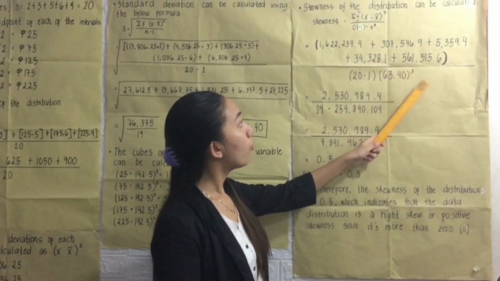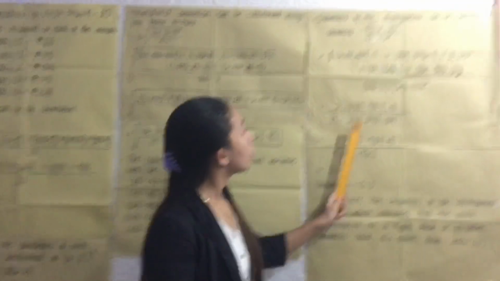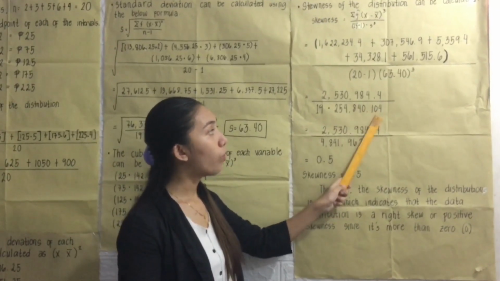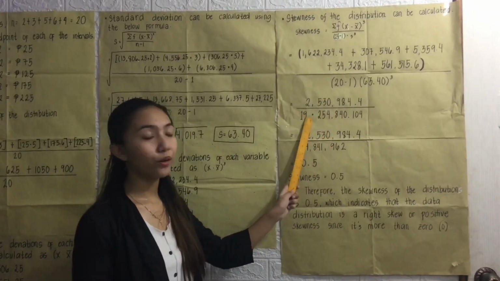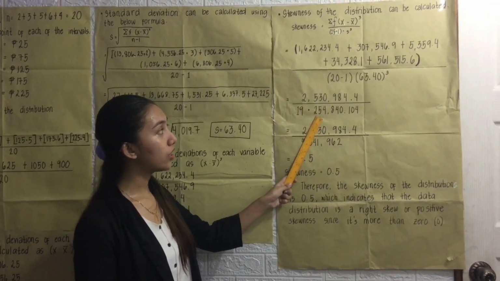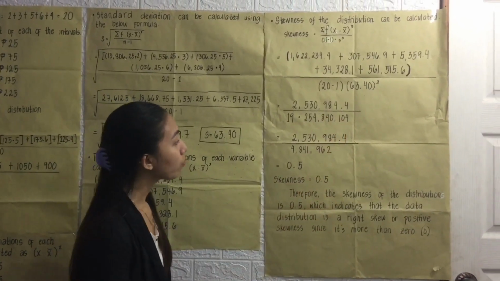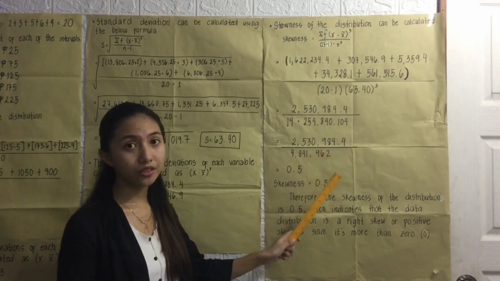And the cube of our standard deviation is 254,840.104. Now we are going to multiply these two. So 19 times 254,840.104 is equal to 4,841,962.